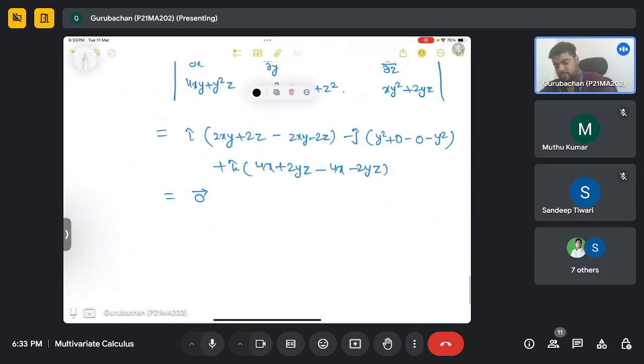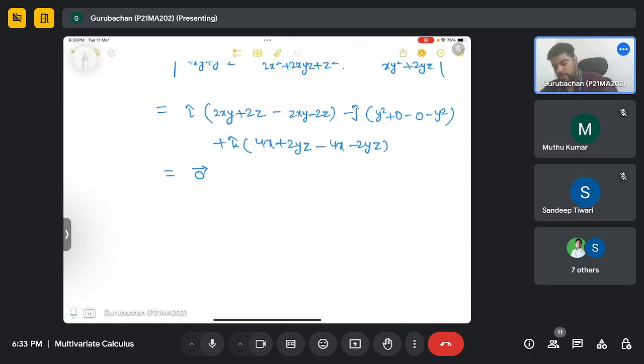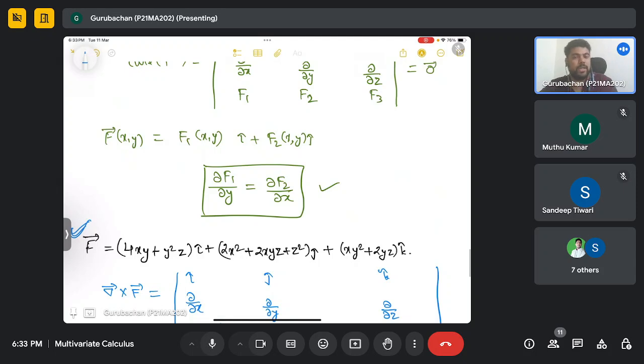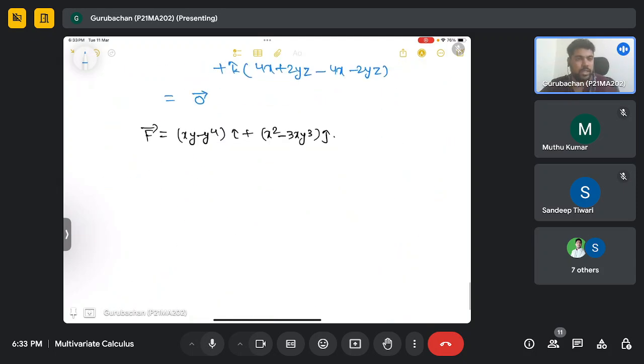For this vector field, we need to apply del f1 by del y equal to del f2 by del x. If it is not equal, then we can guarantee that the corresponding potential function does not exist. So let us calculate: f1(x, y) here is xy minus y to the power 4.